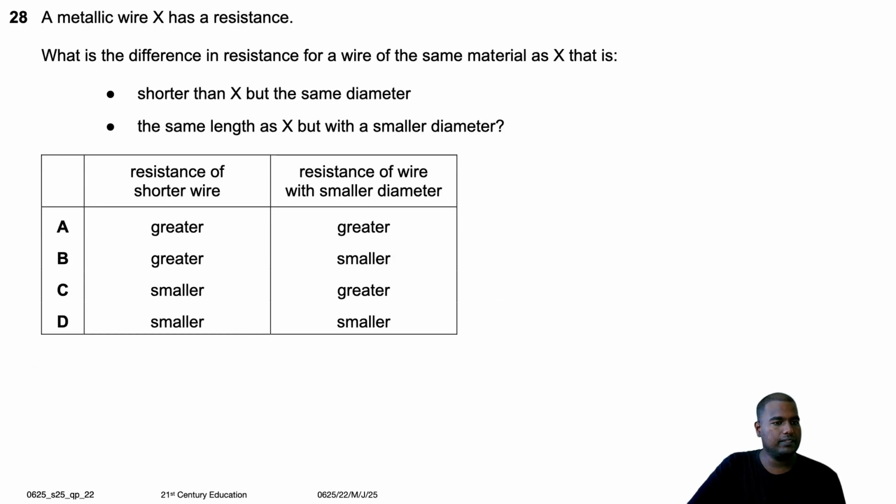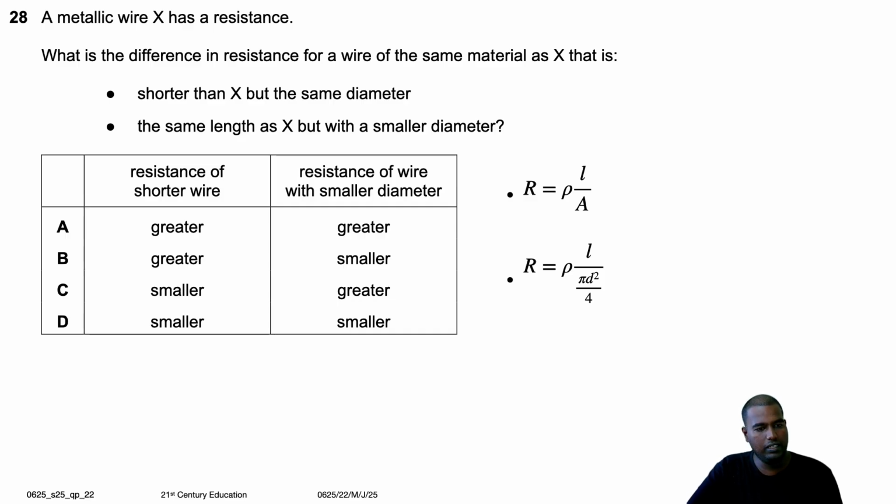A metallic wire X has a resistance. What is the difference in resistance for a wire of the same material as X, shorter than X but the same diameter, and the same length as X but with smaller diameter? We know that resistance is rho L by A. Rho is not going to change because it's the same material. Resistance is directly proportional to length.